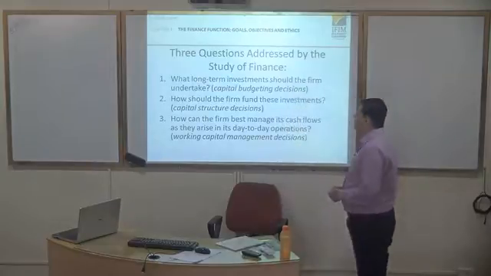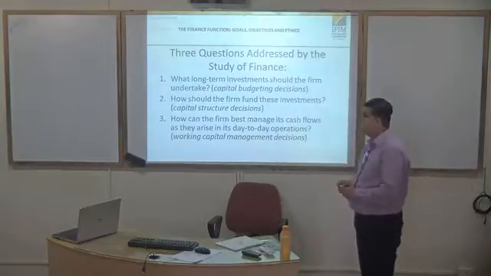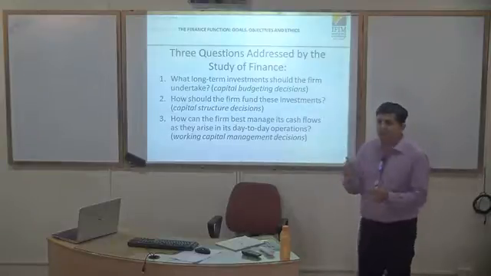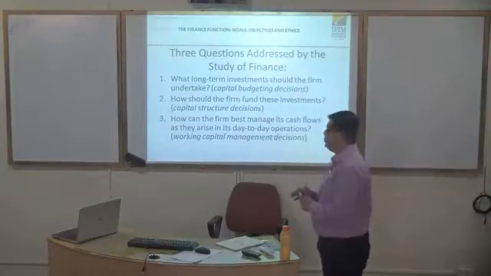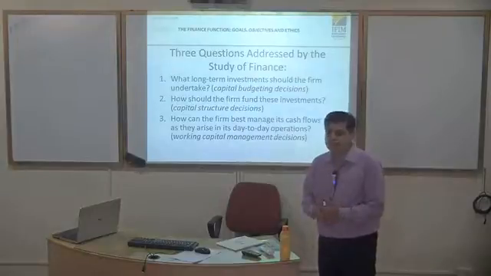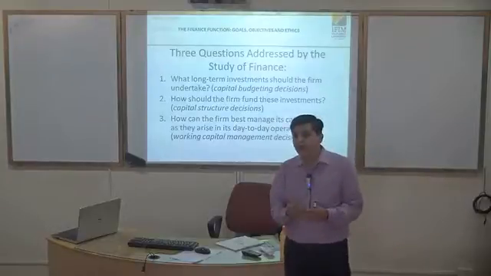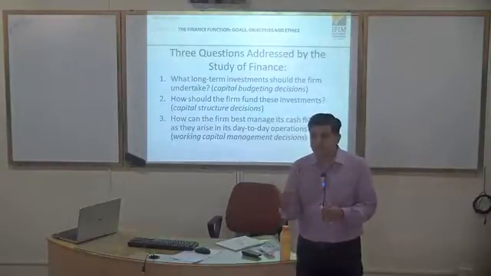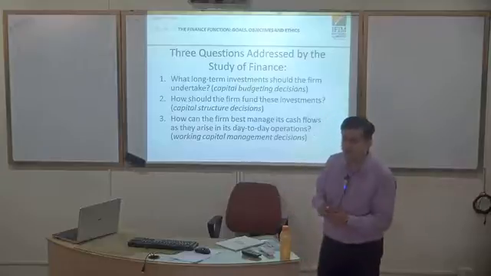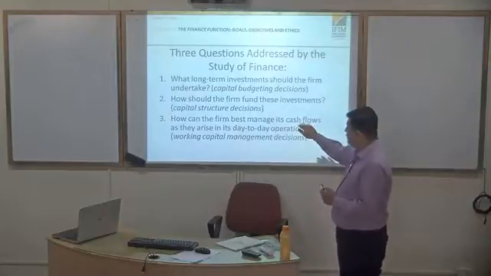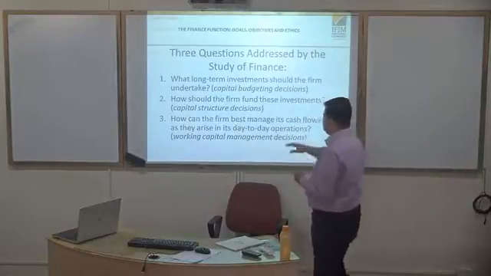We also have capital structure decisions: I have decided what long-term investments I have to make, but how do I fund those investments? Where do I get the money from? Is it equity, is it debt, is it a loan, is it creditors who give me money for some amount of time? That's how I look at it. So capital structure is that.